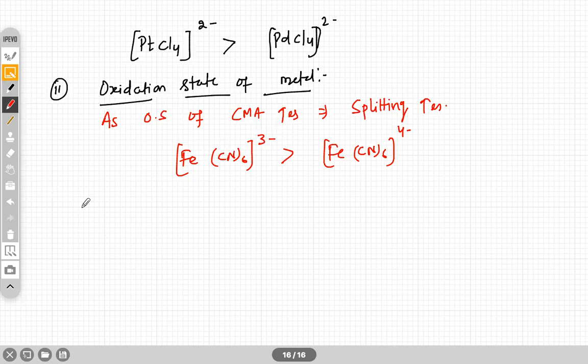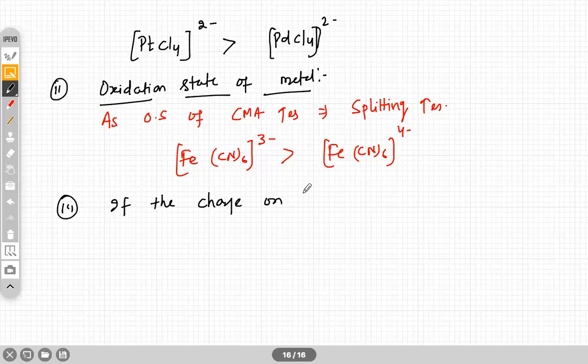One more, in fact, two more we have. If the charge on the central metal atom increases, splitting increases.